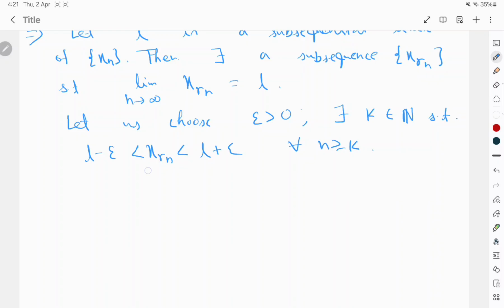So how many elements are there? Infinitely many, because this holds for n equal to k, k plus 1, k plus 2, and in this way you can extend up to infinity.